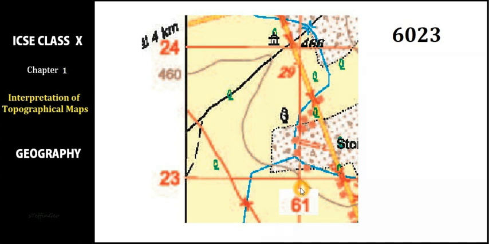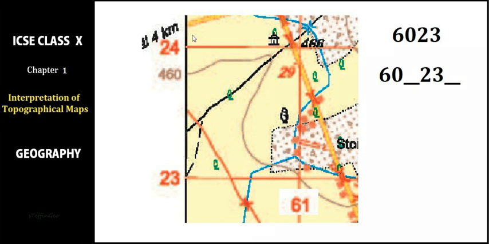This is 61. Numbering starts from left to right in the case of eastings. That means this is 61, next one is 62, so the previous one is 60. So first we write 60, then we leave a space. Then the northing, the one at the bottom, that is 23, then we leave a space. Now next is dividing this.